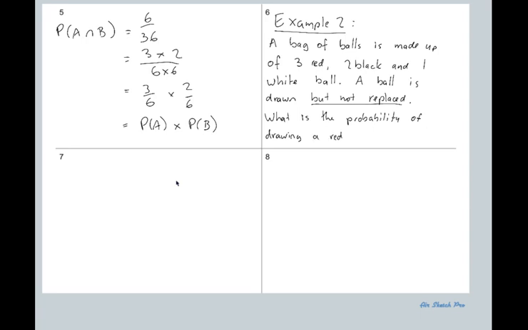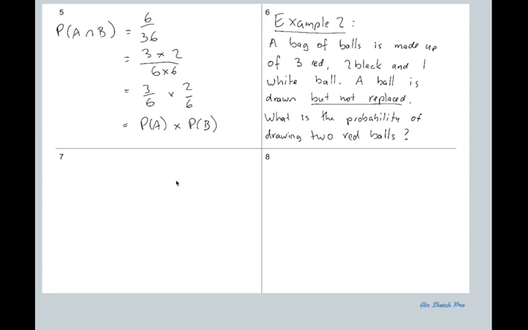I'll make it easier. Okay, a bag of balls is made up of 3 red, 2 black, and 1 white ball. A ball is drawn but not replaced. What is the probability of drawing 2 red balls?